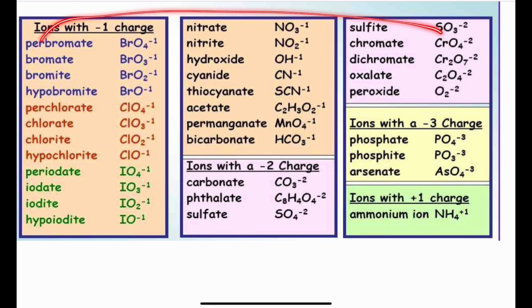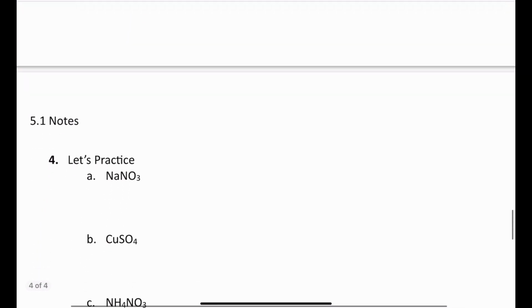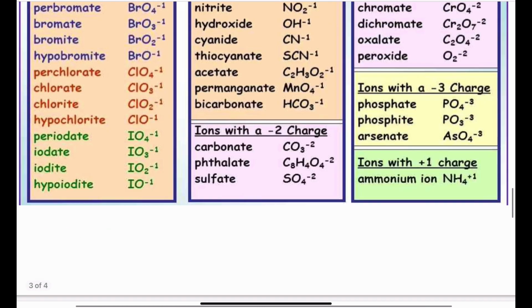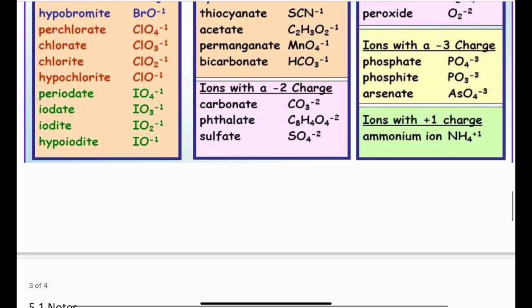So you don't have to memorize these names. I'm going to give you this chart, but you do have to know how to use them. So the other thing is I did it in the notes, but polyatomic ions always stay together.